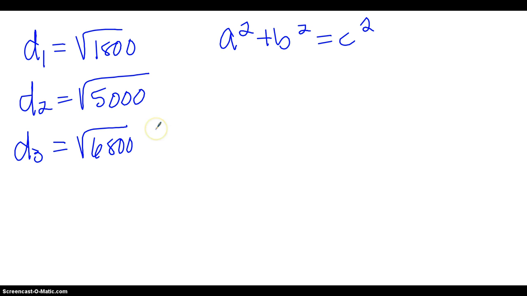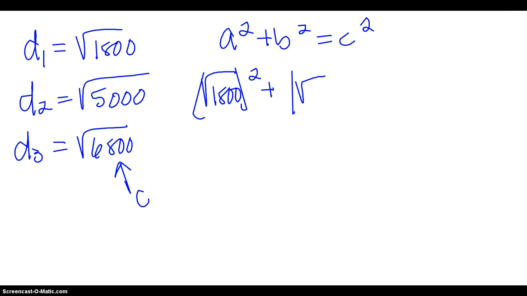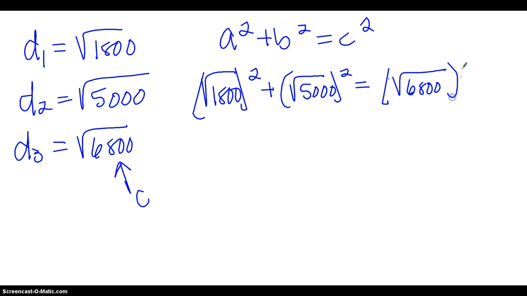These are my distances. Once again, this is the biggest, so this is going to be c, and then a and b doesn't matter. So I have the square root of 1,800 squared plus the square root of 5,000 squared, and I'm trying to see if that is equal to the square root of 6,800 squared.